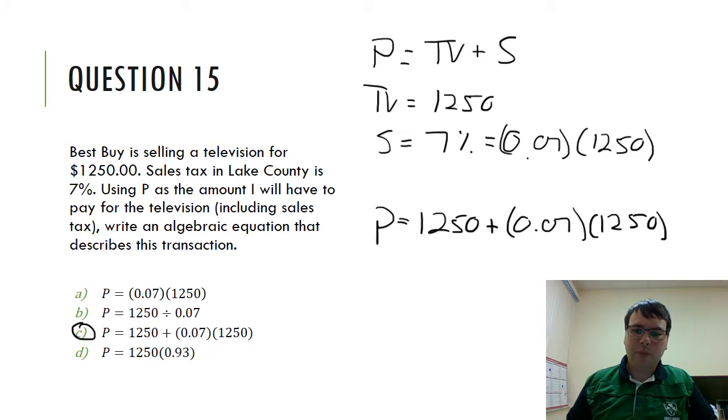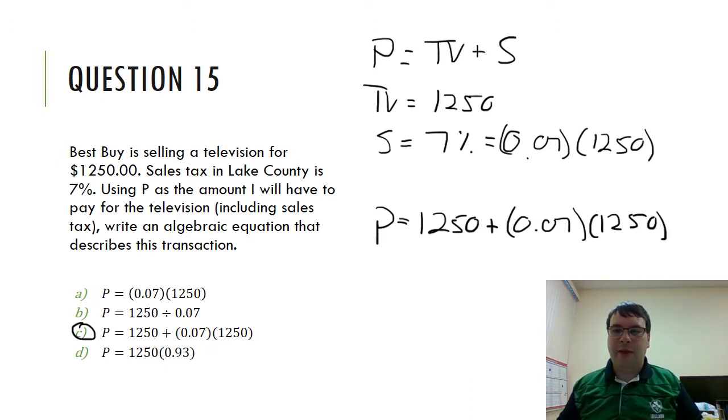So we're going to rewrite this as 0.07 times 1,250 because I have to pay 7% on the 1,250 for the TV. That's how they charge sales tax.